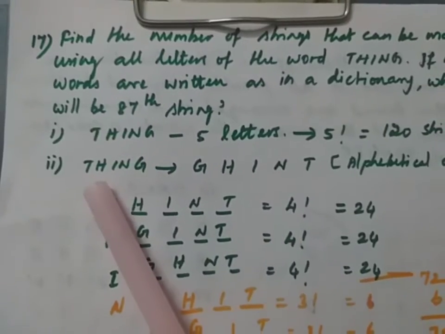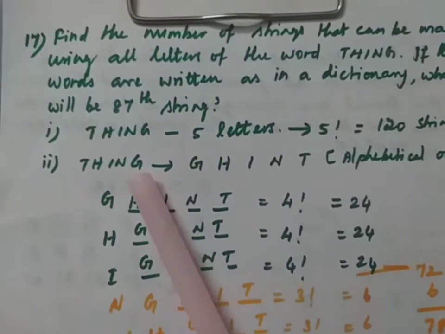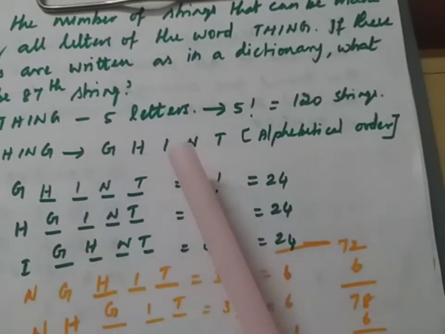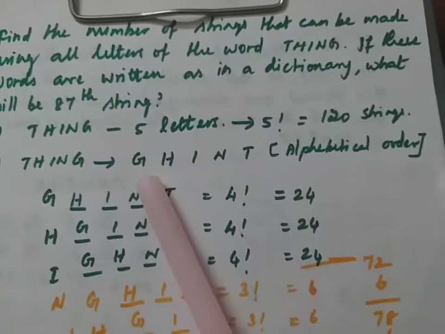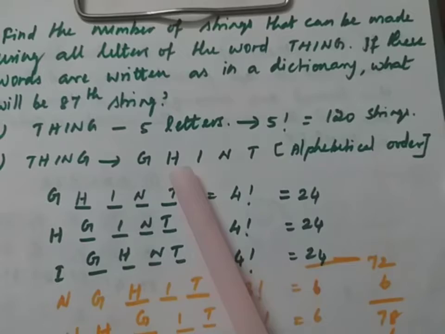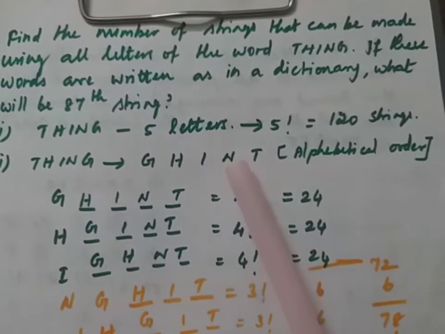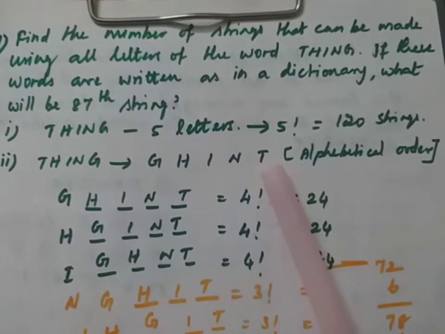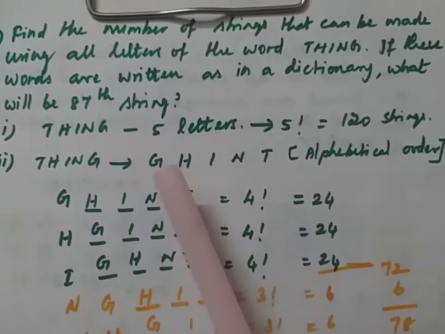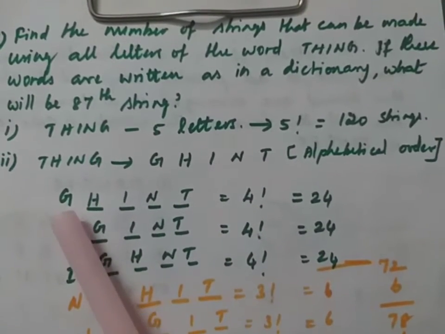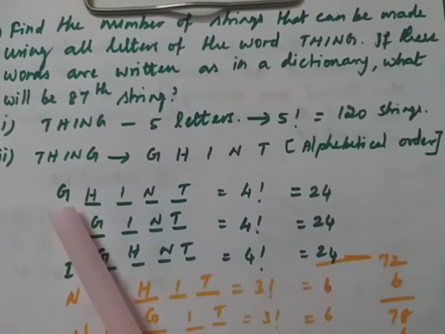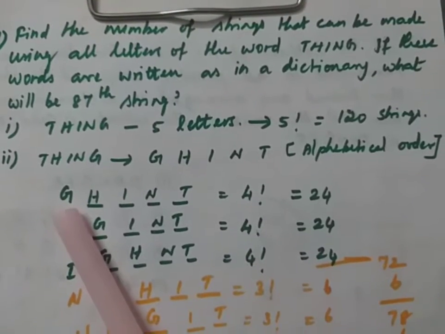See, the word given is thing. So as usual, we should write in alphabetical order. So how to write this in alphabetical order? G H I N T. Okay, so now we want to take the first letter G. Totally we have 5 letters.